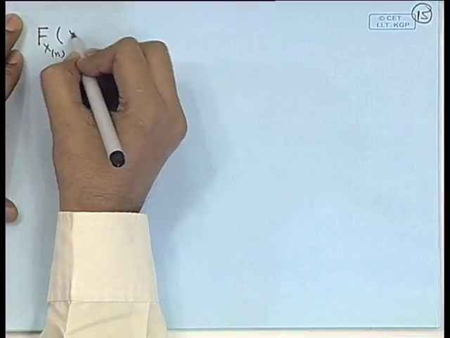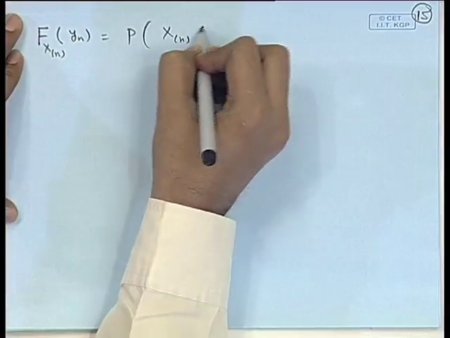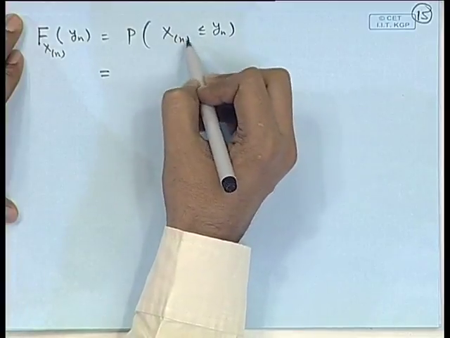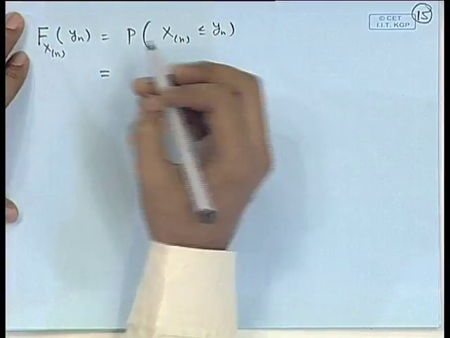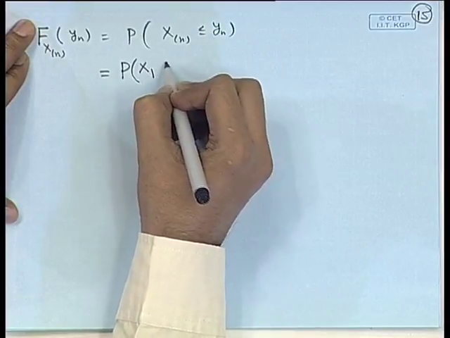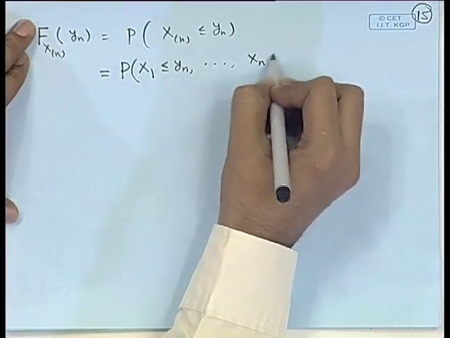So, the distribution of the largest, that is, the probability of X(n) less than or equal to yn. Now, notice this is the maximum being less than or equal to yn. This event is equivalent to each of the Xi's being less than or equal to yn.